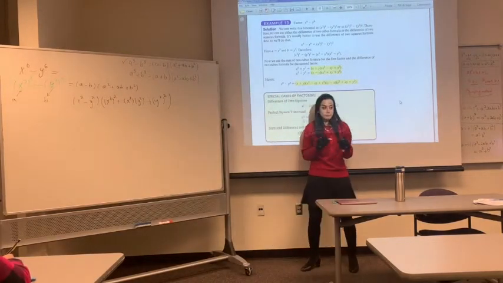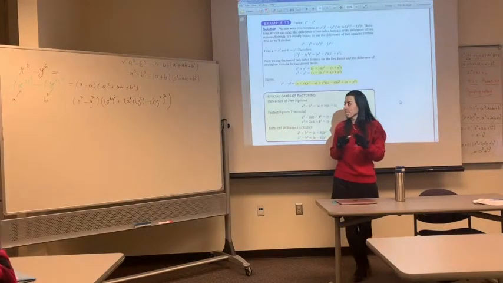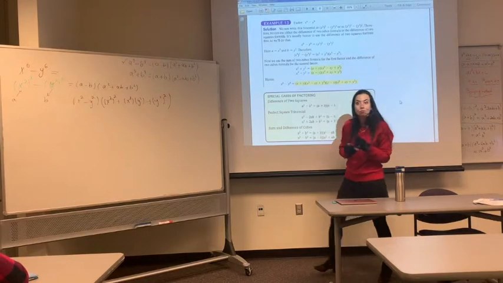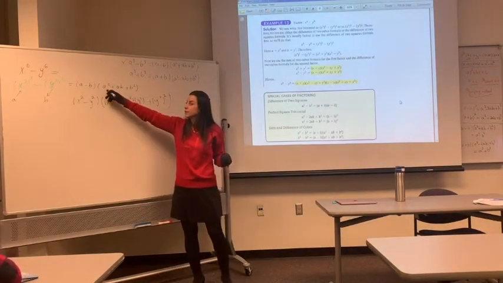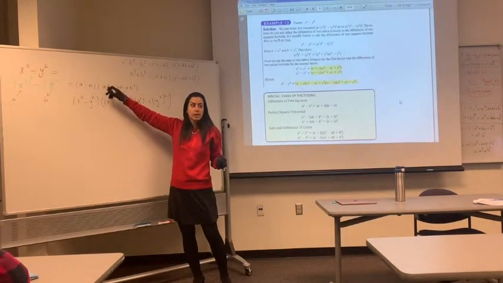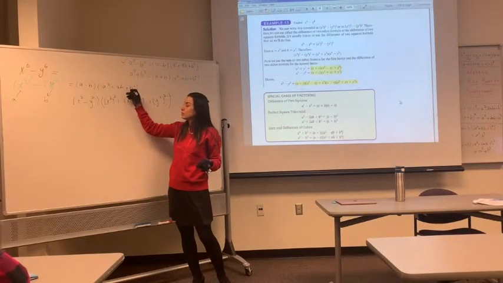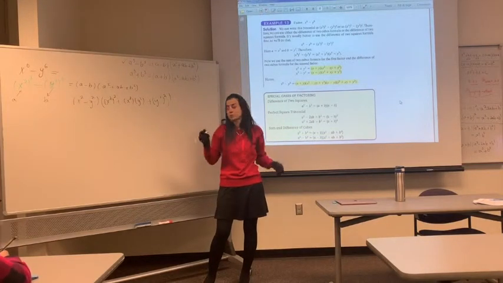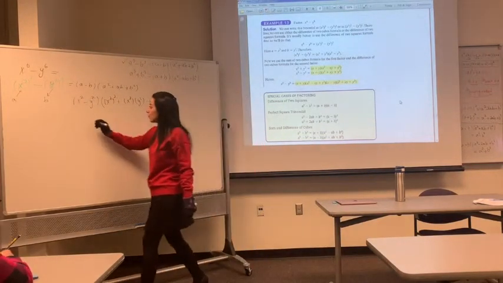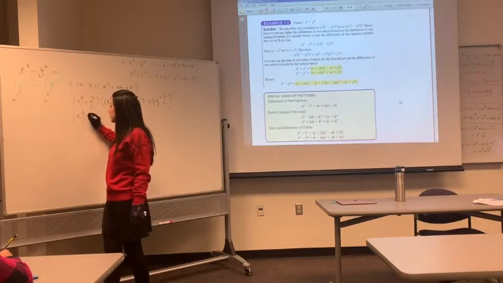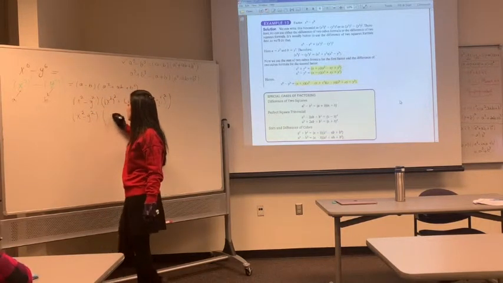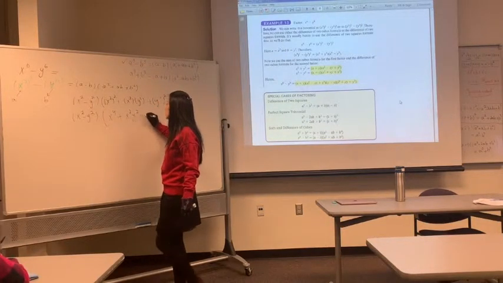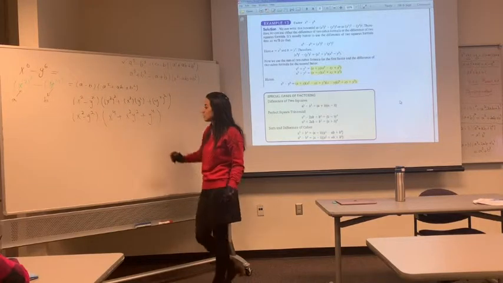Why would you put the power of 2 twice? Because a was x squared, right? (x squared) power 2, (y squared) power 2. So we have (x squared minus y squared) multiplied by (x power 4 plus x power 2 y power 2 plus y power 4).